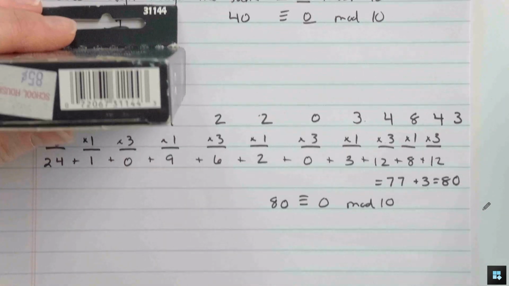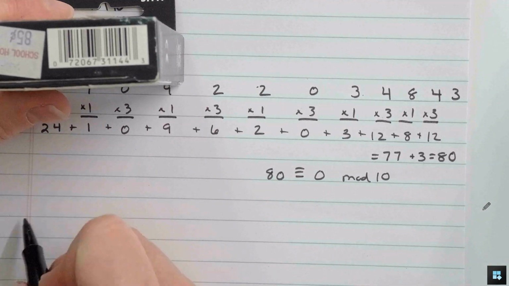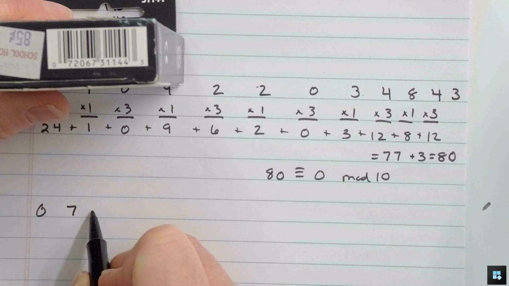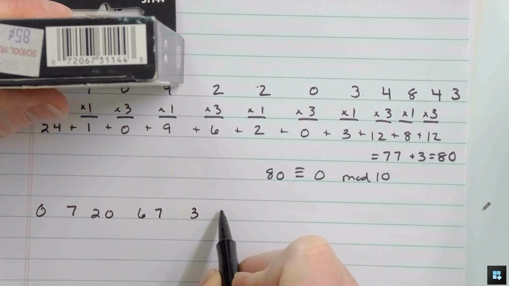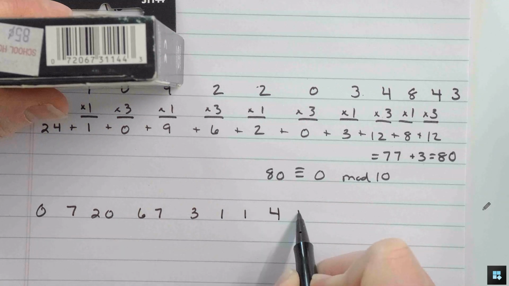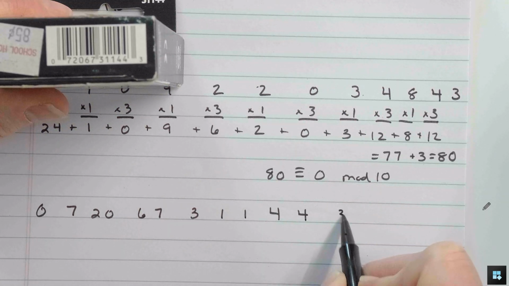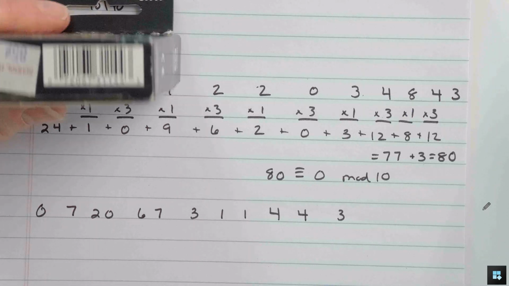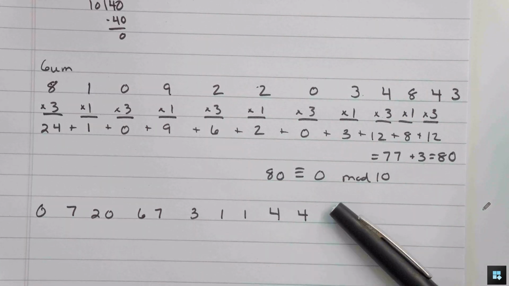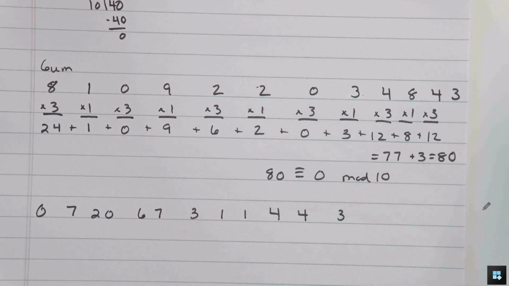Okay, this chalk we have 0, 7, 2, 0, 6, 7, 3, 1, 1, 4, 4, and the check digit there is a 3. So on a quiz, I'd not give you the check digit, and I'd ask you to find it. Okay, so we'll try that on another one here in a minute.